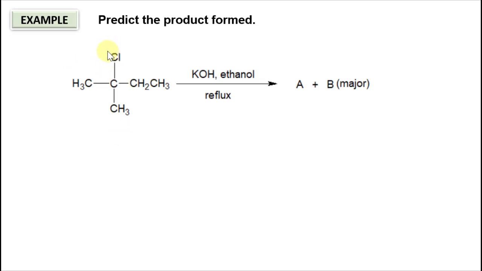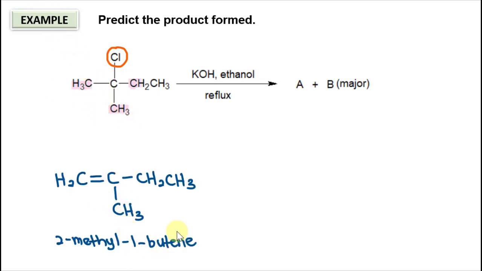Since we are going to eliminate the halogen and also the hydrogen from the adjacent carbon. In this example, we have a halogen on this carbon. So we can eliminate the hydrogen on the adjacent carbon from this carbon or this carbon or this carbon. Since these two carbons are symmetrical to each other, if we remove the hydrogen from this carbon or this carbon, we will still get the same product, which is 2-methyl-1-butene.